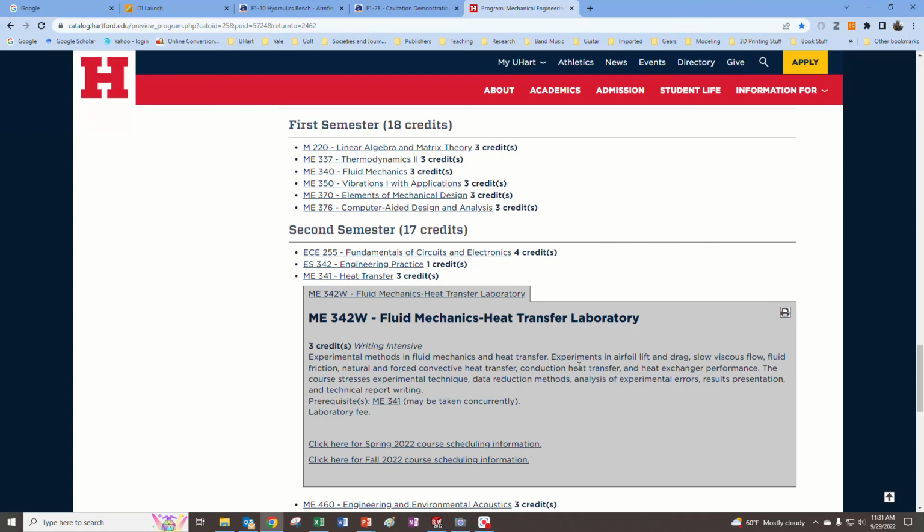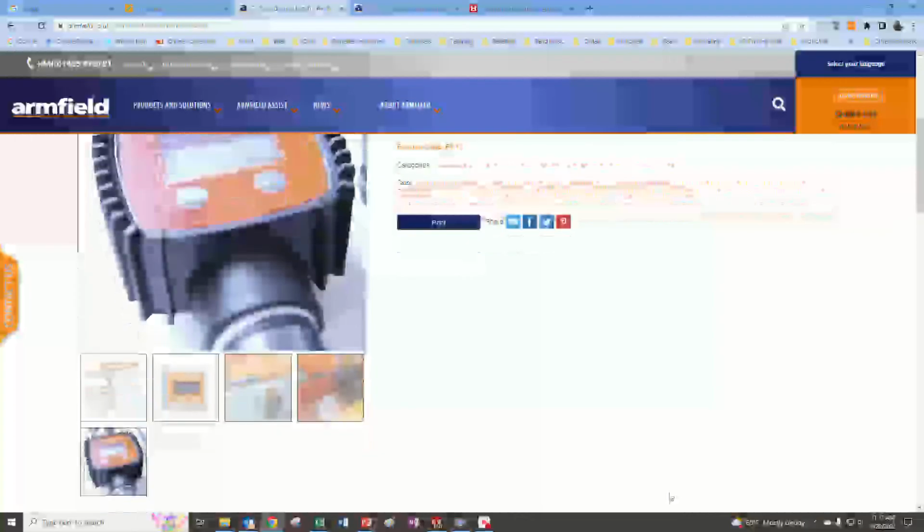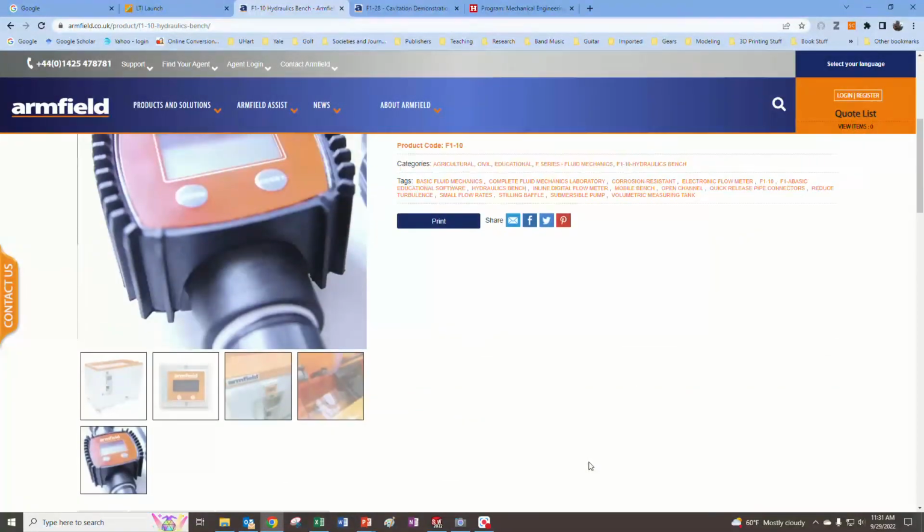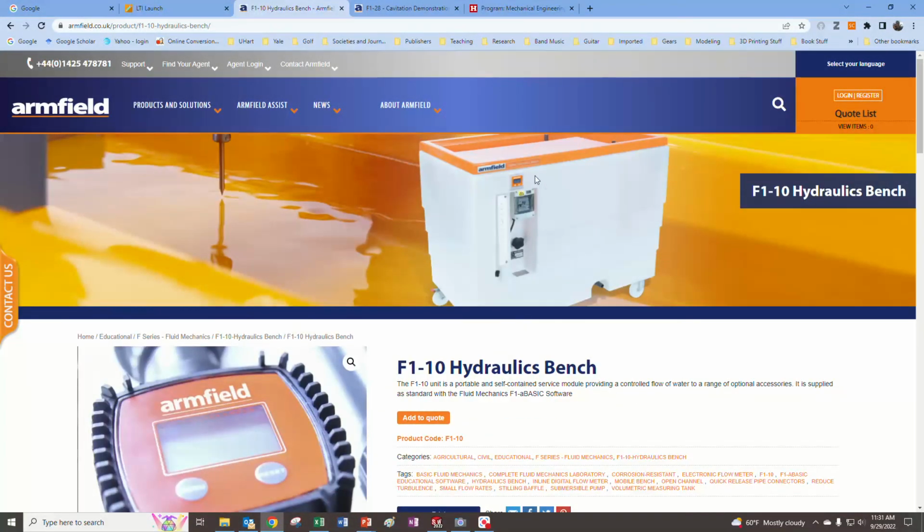So even though we don't own this unit right here, I might suggest to Dr. Slaybach that we put that on our list, because I think it's a pretty good thing. This bench, you could purchase a bunch of accessories with it. We already have a lot of Armfield stuff, so it'll match because it has a nice orange color and that kind of thing. So it'll look really cool, wouldn't it?